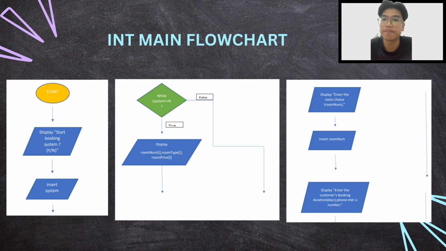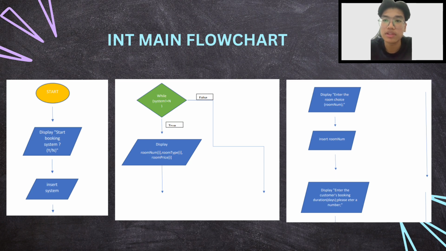Okay, and if the statement is true, after we display the room number, room type, and room price, we run again and we display until the program displays enter the room choice, which is the customer has to enter the room number.